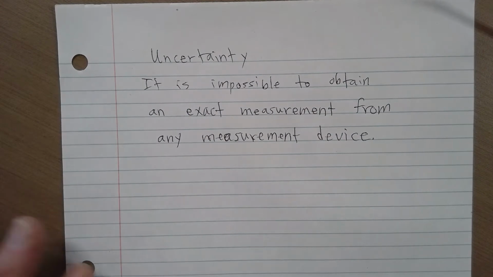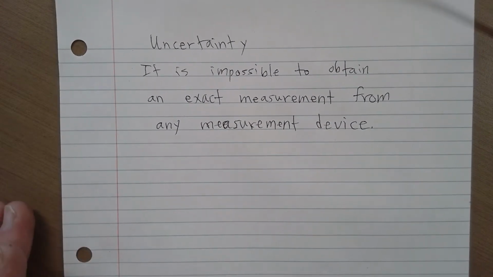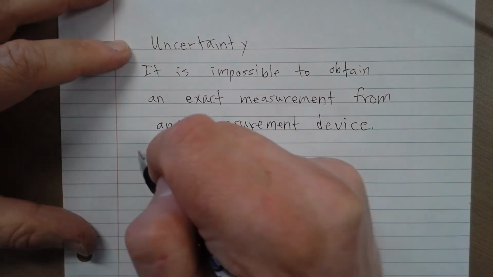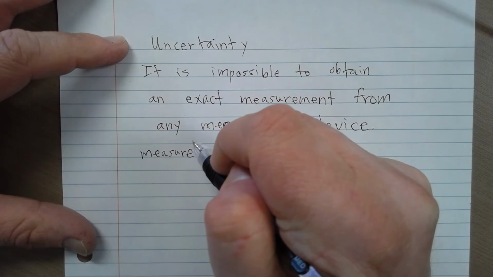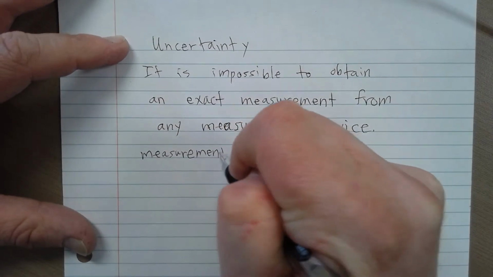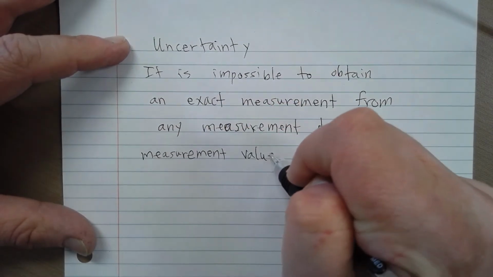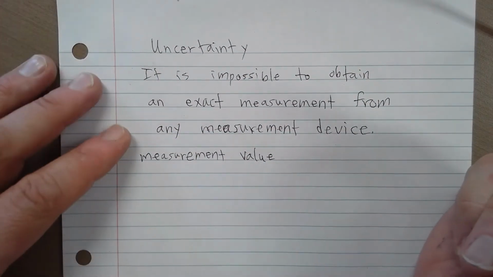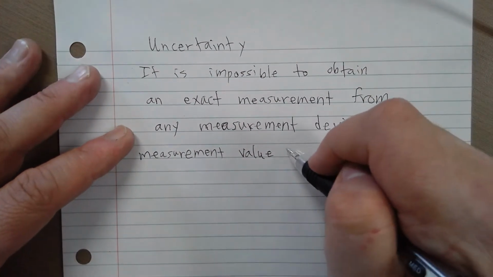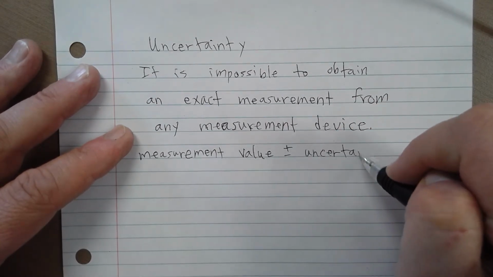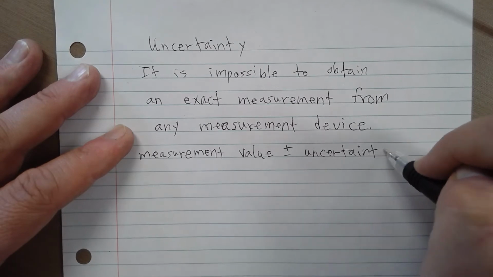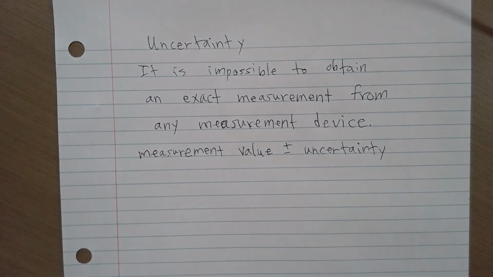Any measurement device. Therefore, there's always a certain amount of uncertainty when we are measuring. And we do this by taking the measurement value, whatever that is, 50 millimeters or 20 centimeters or 2 meters, whatever it is, plus or minus the uncertainty, by what degree it might be out.